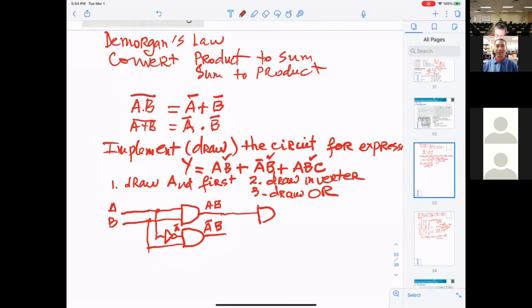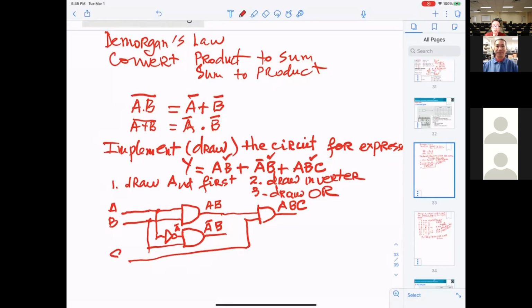That will be A and B, and now you are adding C. So this output will be A and B and C. So that is all of the AND gates and inverter we have already done.